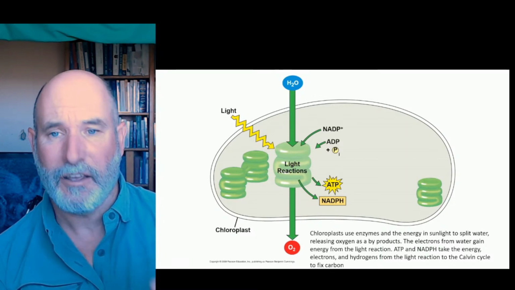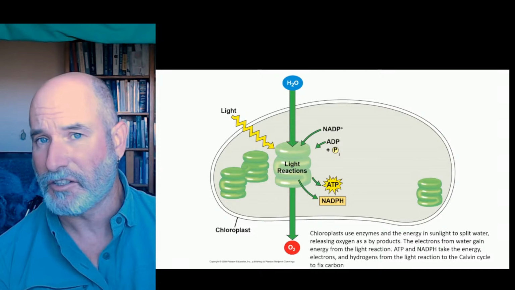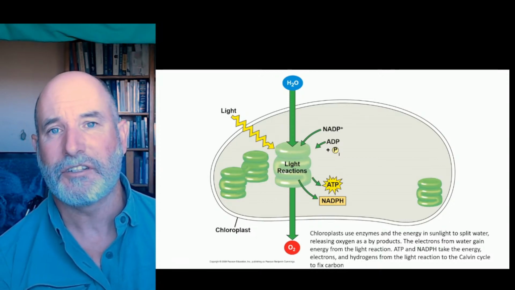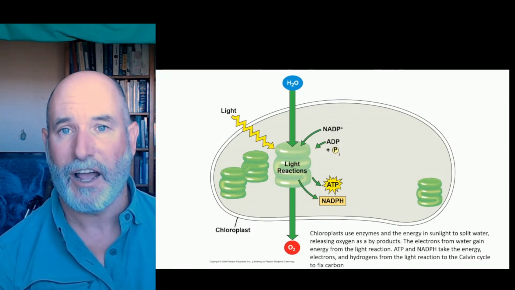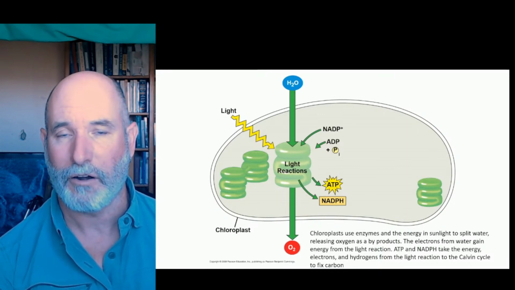And basically, we're going to ultimately make ATP. That's where the energy in the sunlight has been transformed and stored as ATP, which is the energy currency of life. And then the electrons will be used to reduce an electron carrier, NADP, to NADPH. And the H on the NADP is, of course, coming partly from water as well.